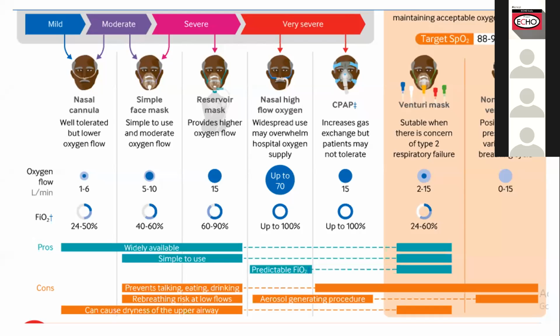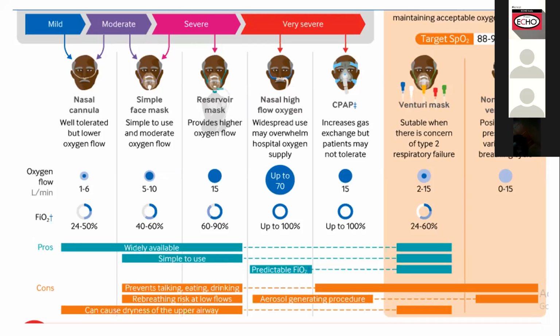But for patients who have COPD or other obstructive pulmonary disease, you supplement them with oxygen when they desaturate below 88%. You start with the nasal cannula for mild to moderate COVID disease, and you can titrate up the oxygen from 1 liter to 6 liters. The maximum FiO2 you can give with nasal cannula at 6 liters is 50%.